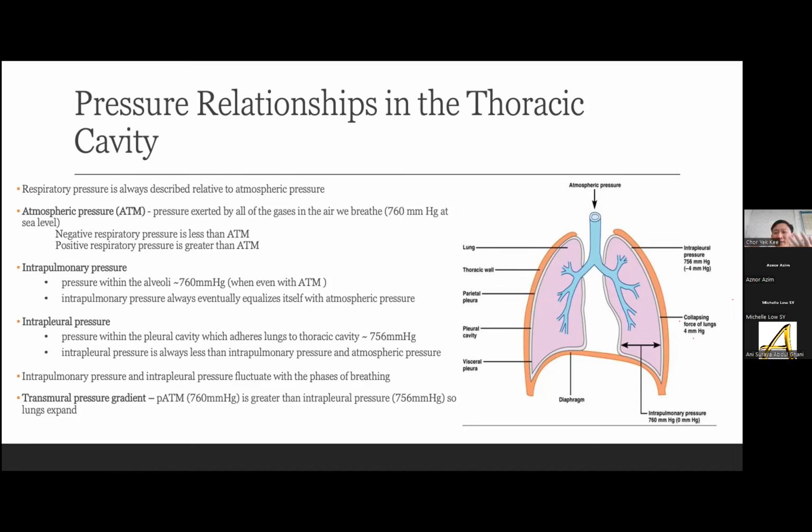You inhale air. We inhale 21% out of atmospheric pressure, which is about 760 millimeters of mercury, so 21% is 150. So what would be the alveolar partial pressure of oxygen when you inhale?